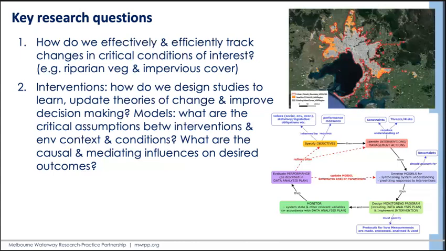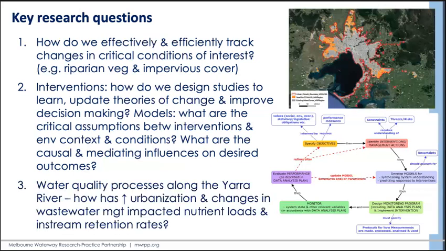Now, the last research question I'm going to talk about is a once-off study on water quality processes along the Yarra for the coming year. 20 years ago, there was an intensive water quality sampling exercise along the Yarra River and its tributaries.